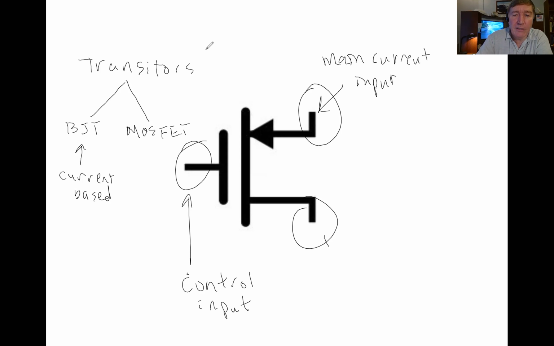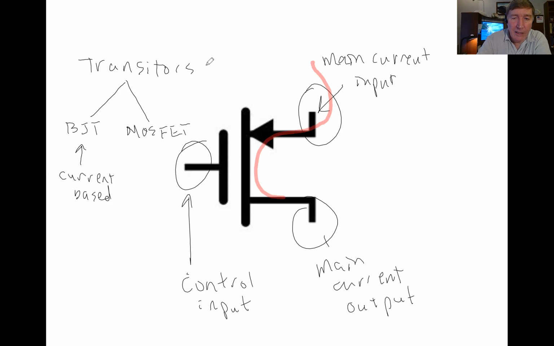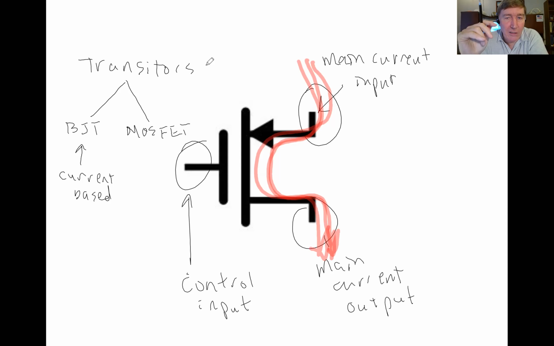And this one here is the main current output. So basically what's going to happen with a transistor is we have a big battery over here, and we want a lot of current. We want a big current to flow through this transistor, but we want to control it using a small input.